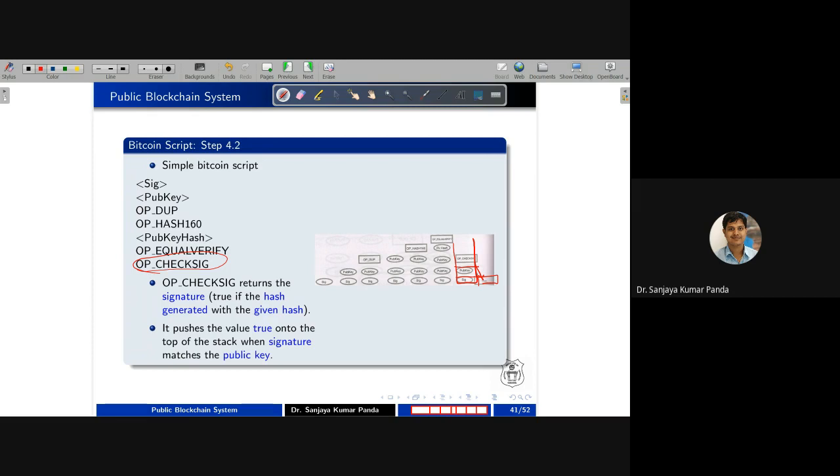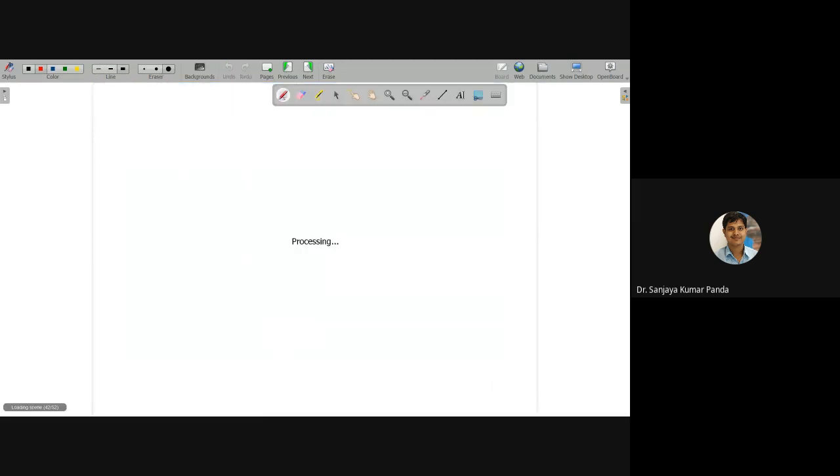Basically, this pushes the value true onto the top of the stack when the signature actually matches the public key. EQUALVERIFY is checking these two, then you are having public key and signature. If the signature is verified, then it is going to return true. Otherwise, it has to return false. This is one of the Bitcoin scripts.